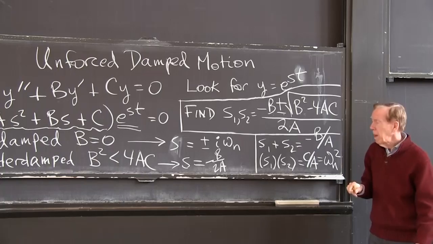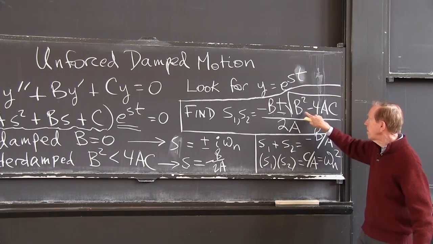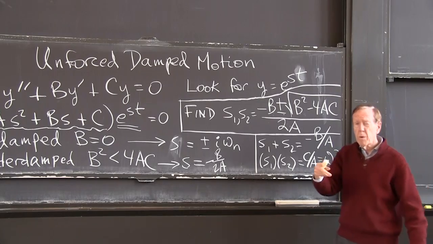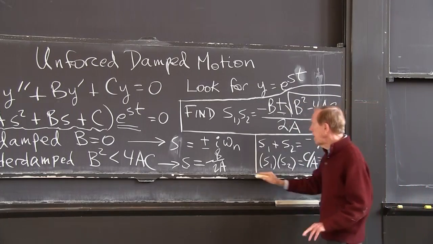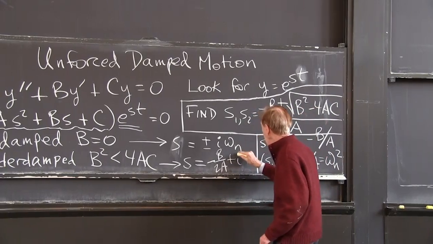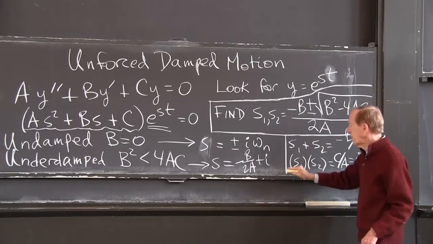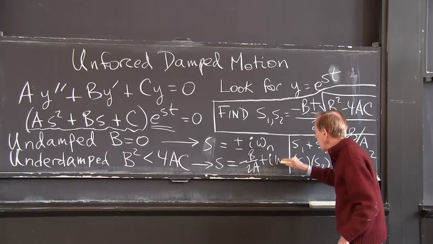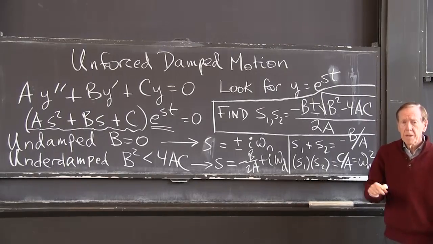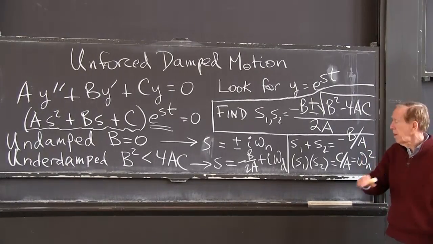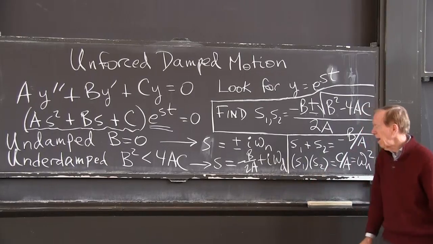B squared is smaller than 4ac, this is negative inside. So its square root is an imaginary number. So the plus or minus has an imaginary number, a little different from the natural frequency. It's called the damped frequency. Not quite as frequent. The damping slows the oscillation down a little bit, but it brings in exponential decay.